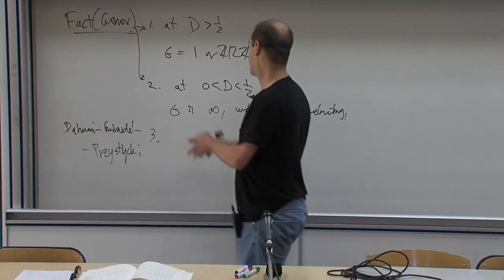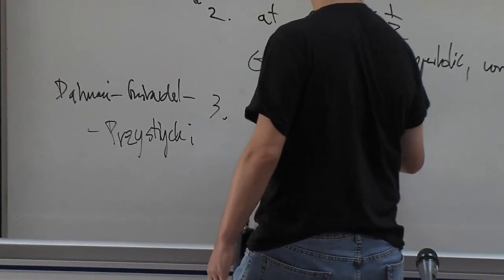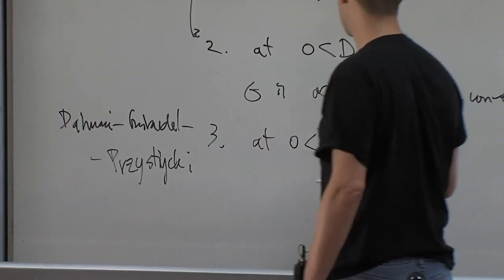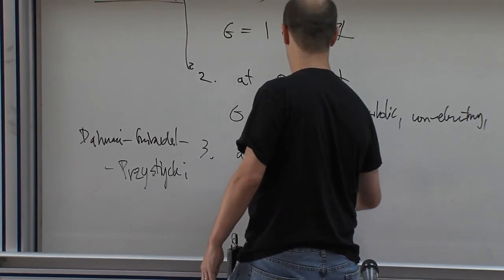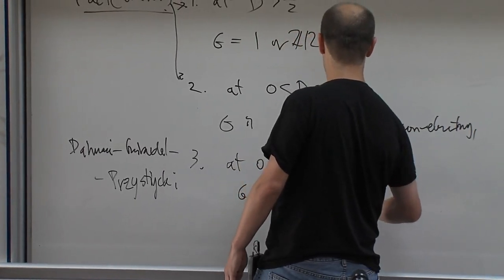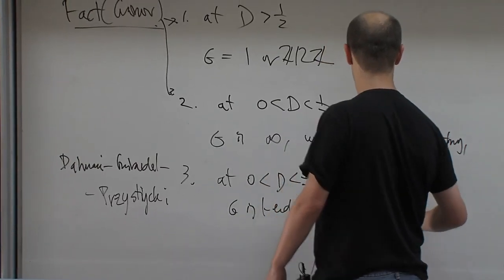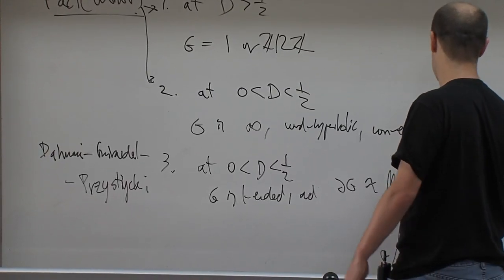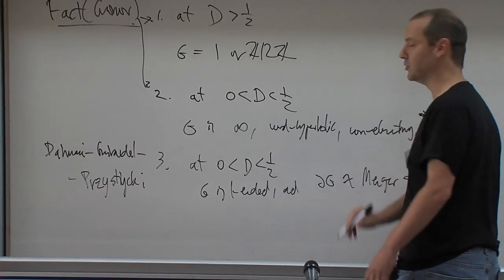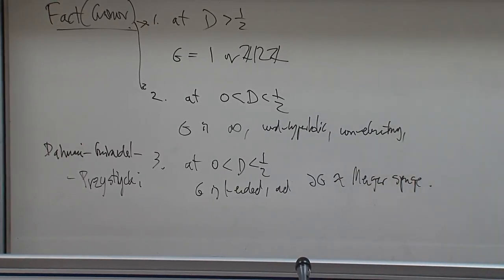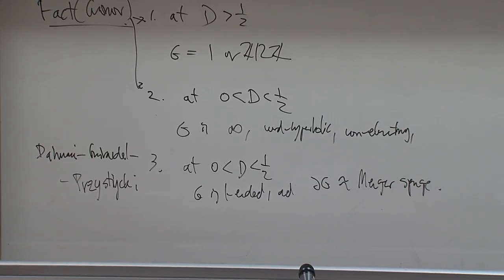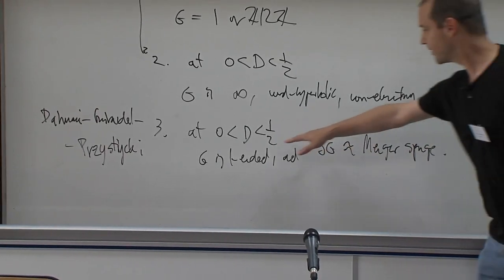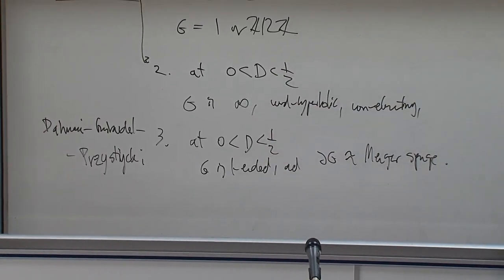They show also that at density less than a half, the group is one-ended, and its boundary is homeomorphic to the Menger sponge, the universal one-dimensional compact space. So these are extremely non-trivial groups, but at a very sharp threshold.